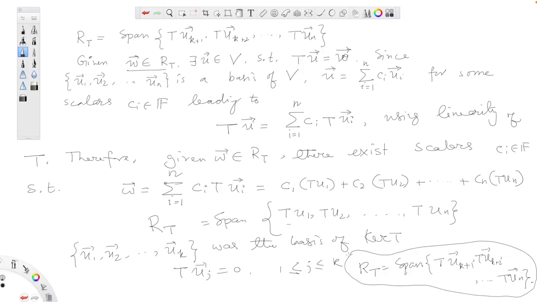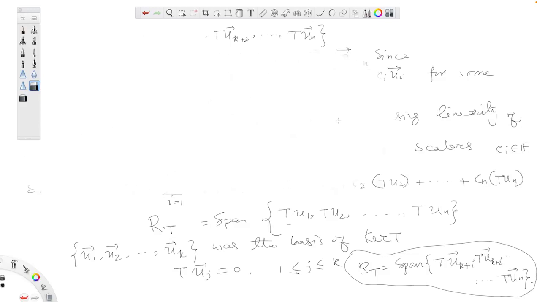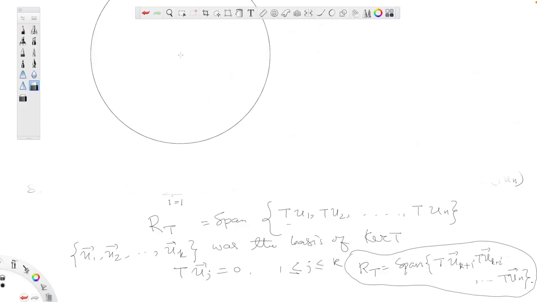Now, we will try to prove that these n minus k vectors are actually linearly independent. Okay, so let's prove that these n minus k vectors are linearly independent.